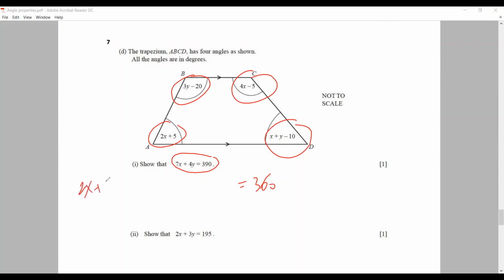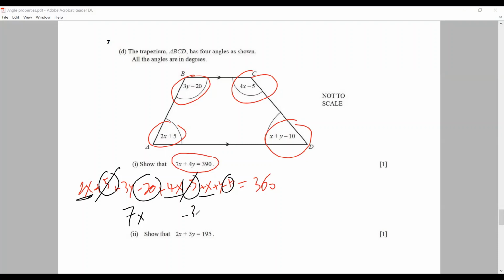So 2x plus 5 plus 3y minus 20 plus 4x minus 5 plus x plus y minus 10. So how many x's do I have? That is 7x right there. And 5, negative 20, negative 5, that's negative 30.